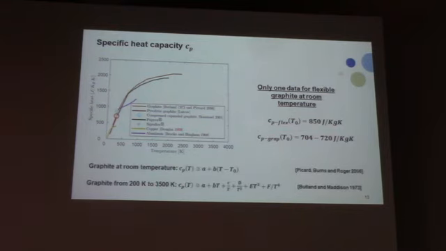The specific heat is still comparable to that of common metals, for example copper and aluminum, and it can be greater. There are a lot of models about graphite and how to model the specific heat capacity against temperature, and usually it's a polynomial regression.